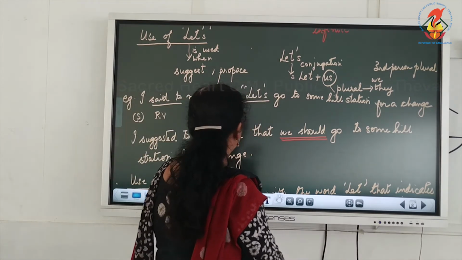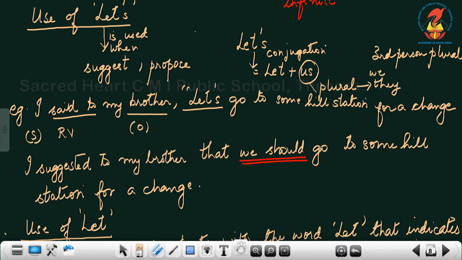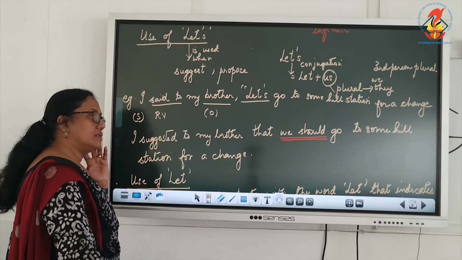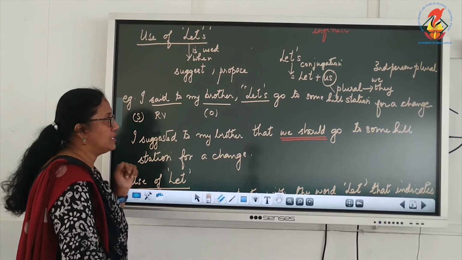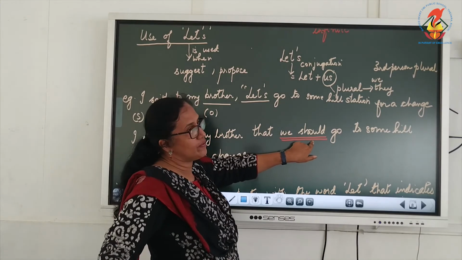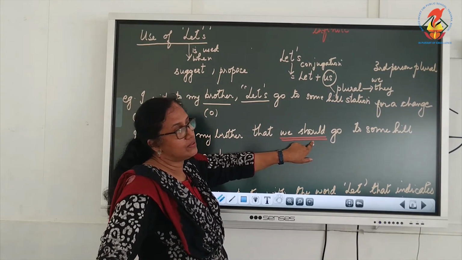So, that we, as I told you, the word should appear in your indirect, should go to some hill station for a change. Is that clear, children? Remember what I told you, we still start using our old friend, the conjunction that, but you have to always remember to also insert the word should when we convert it into indirect.